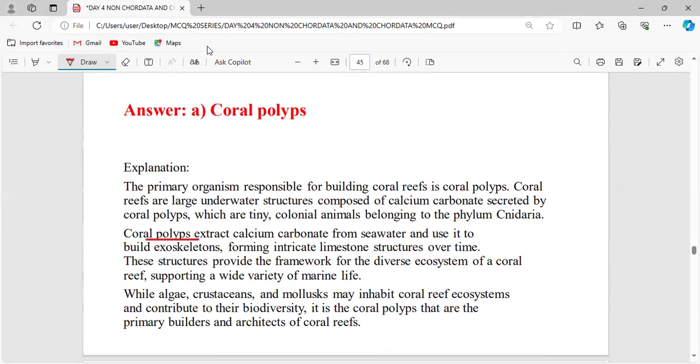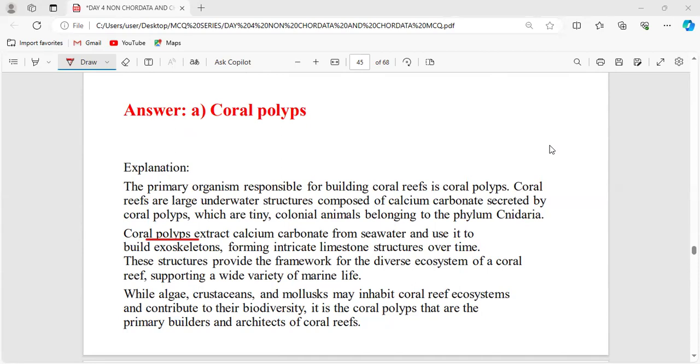Is the coral polyp performing sexual reproduction or asexual reproduction? Asexual reproduction, and we know that the medusa is the one going to perform sexual reproduction.